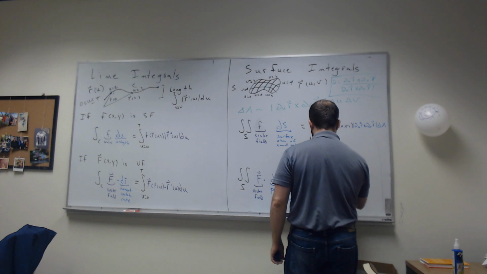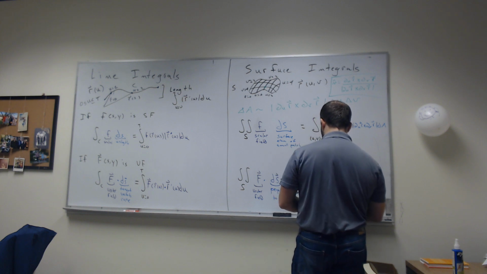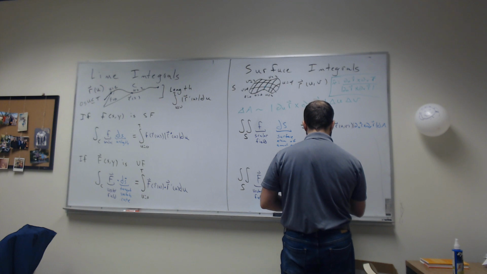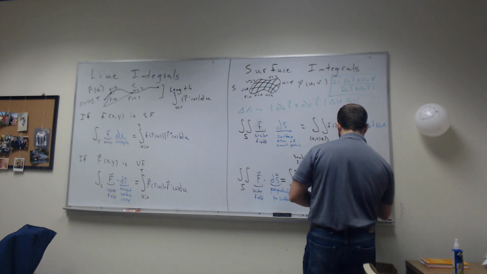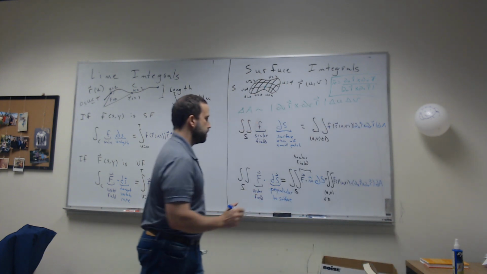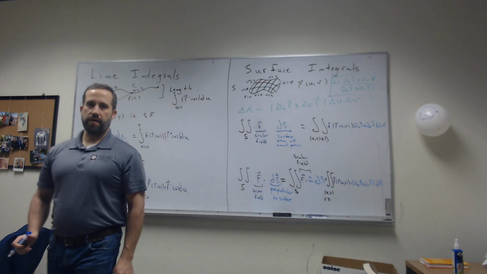This is the integral over uv in the parameter domain D of f evaluated at the parameterization r of uv, dotted with the u derivative of r crossed with the v derivative of r, times dA. Okay, and that's the way that we compute the surface integral of a vector field.